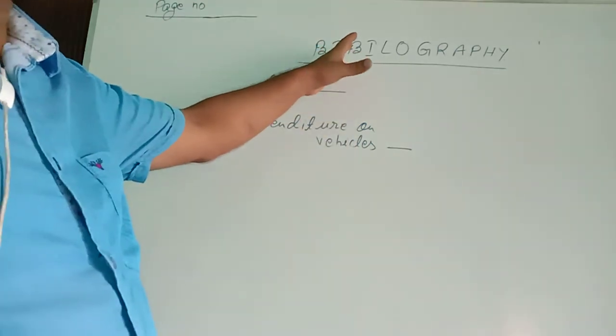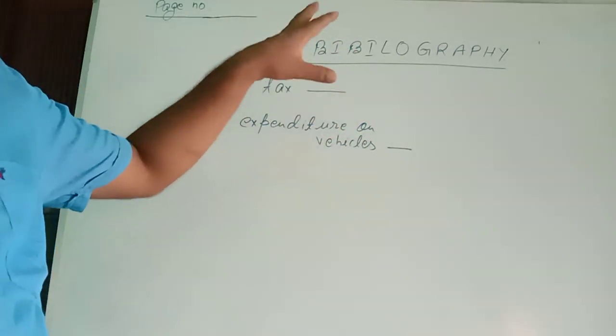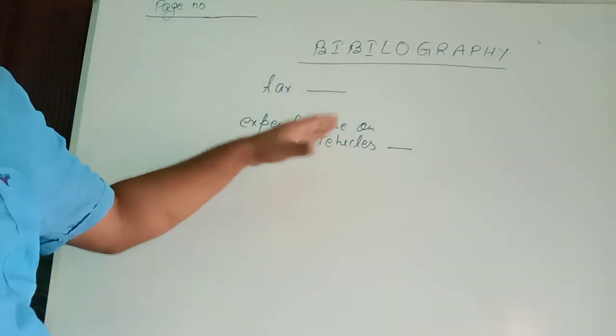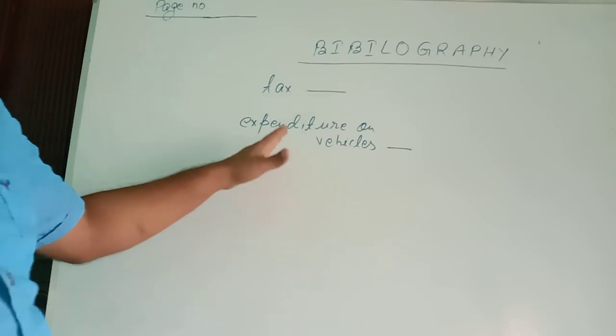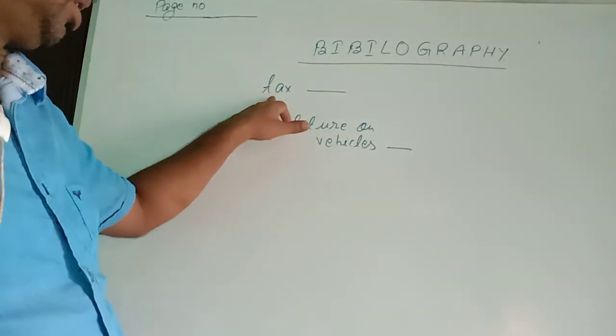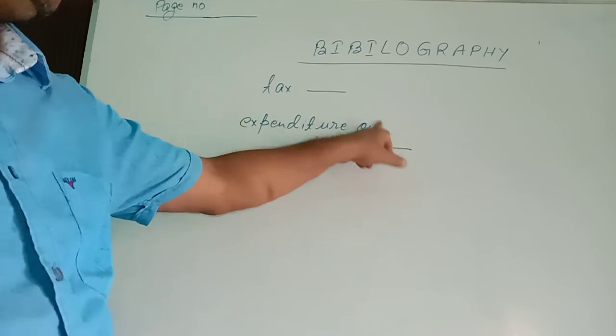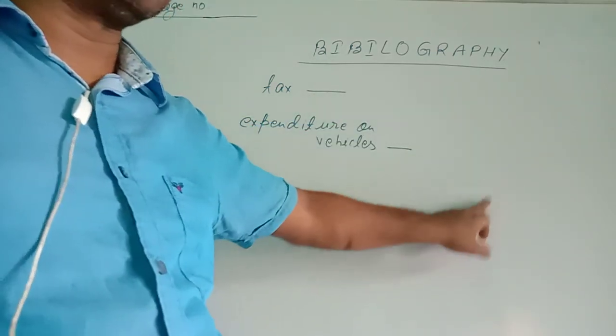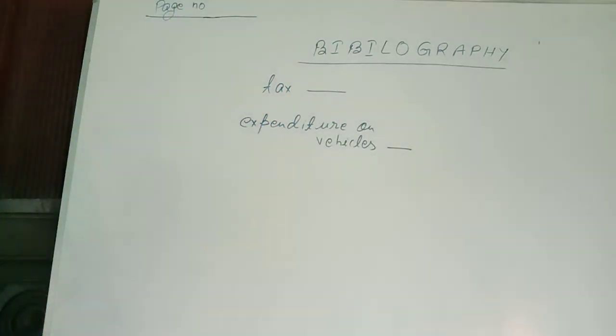So in this bibliography, you write how many sources you have used to write the project, according to the items, the names of sources. This is the last page, and in this way your project work is completed.